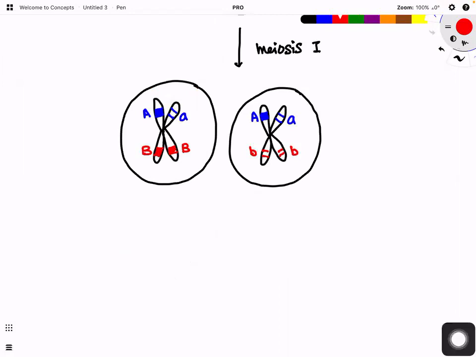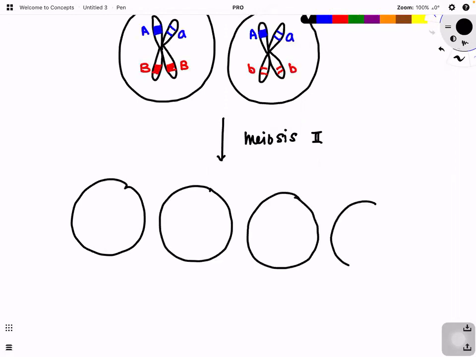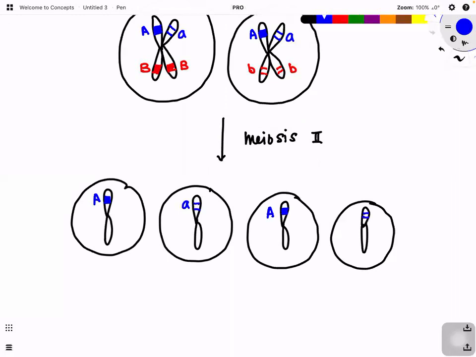Then after meiosis 2, I will have 4 gametes, each with 1 sister chromatid. What you're going to see here is big A, small a, big A, small a, big B, big B, small b, small b.